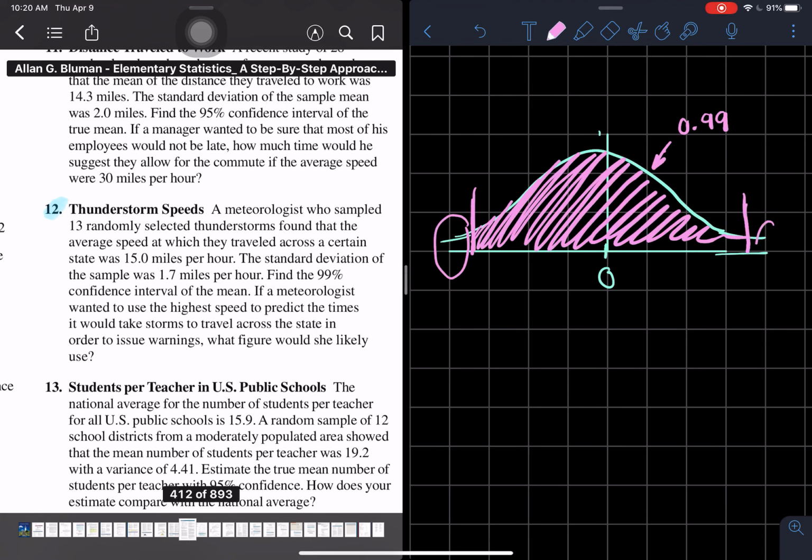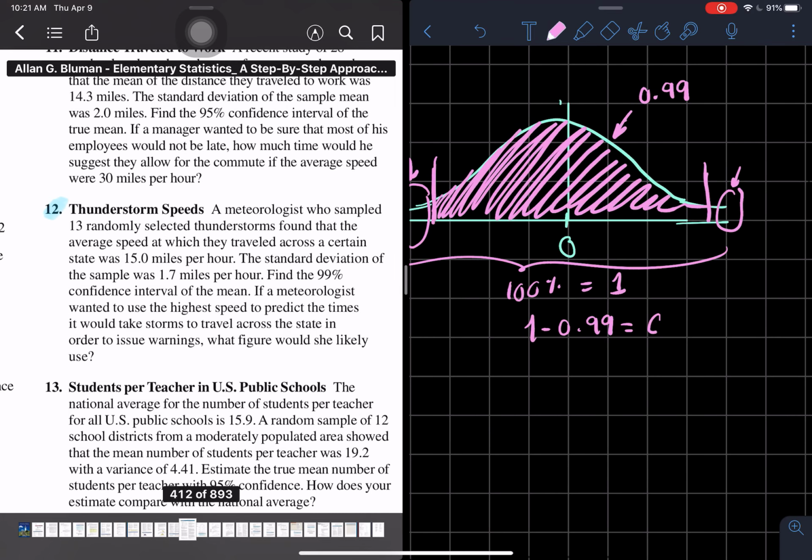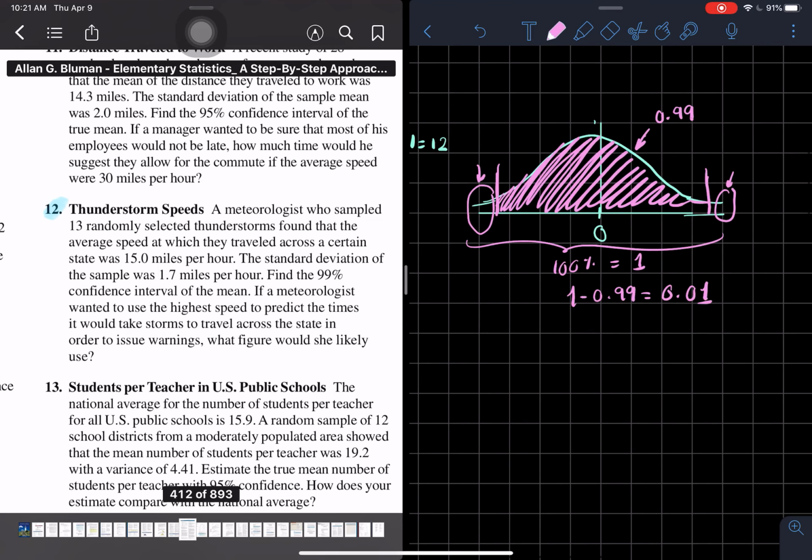So here and here, I still need an area, right? Because remember, this whole thing adds up to 100%, which is just 1. And then here and here, I don't have my areas yet, right? However, I know that if I do 1 minus 0.99, it's going to give me 0.01, right? So this is how much area I have left after I take away this pink region.